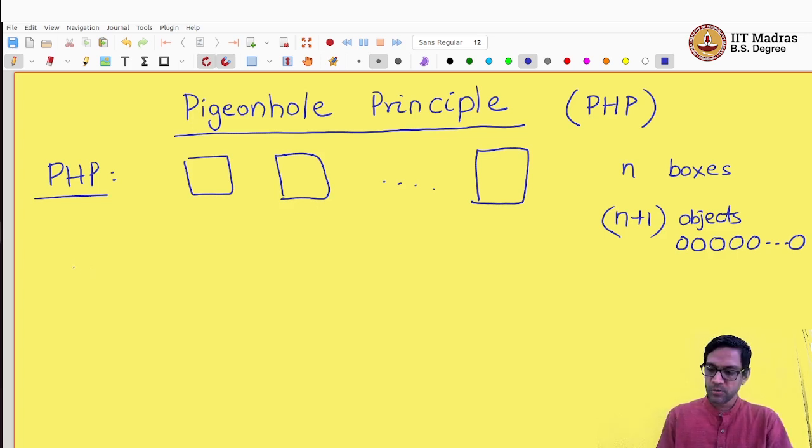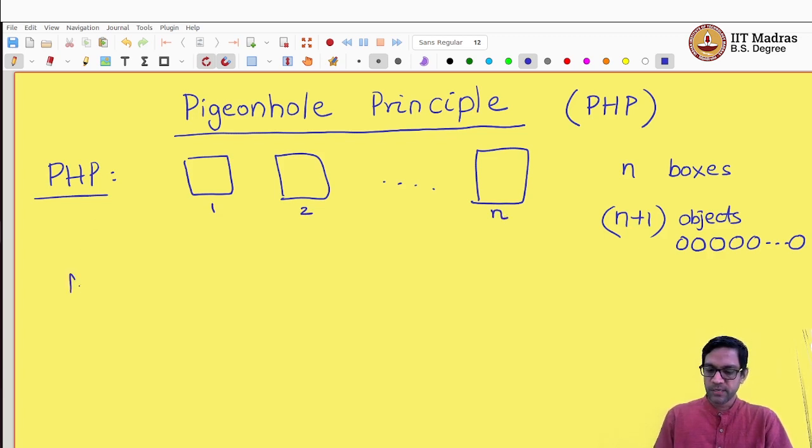Observe there are many different ways of placing these objects into these boxes. For example, I can take all the balls and put all of them into a single box, or maybe I can split it half and half, put it into 2 different boxes, and so on. Many ways of doing it. So let's number these boxes 1, 2, 3 till n.